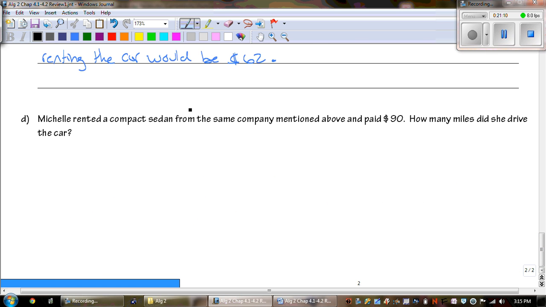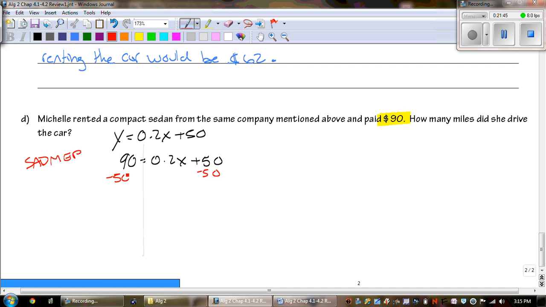Michelle rented a compact sedan from the same company mentioned above, and she paid $90. How many miles did she drive? So they're saying if we use that equation and the y is 90, how many miles did she drive? So to figure that out, we're going to use SADMAP, the reverse order of operations.